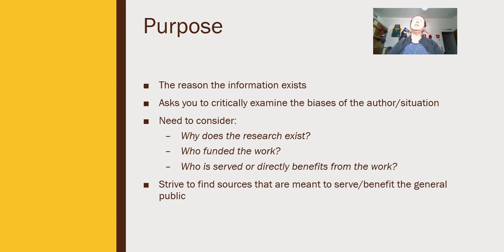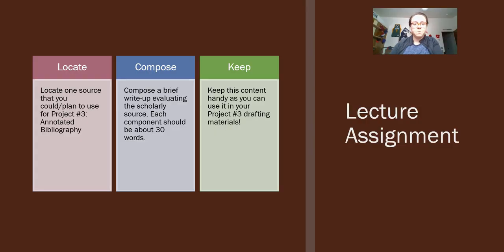So rather than serving, let's say, a company or a certain industry, or maybe even a specific government or political entity, try to find sources that are geared toward improving the life of the everyday person. So these are things that you will want to keep an eye out for with purpose, especially as you are evaluating each source that you use for Project 3.